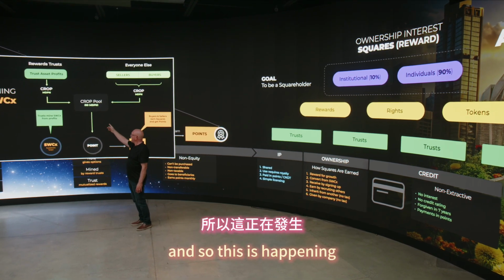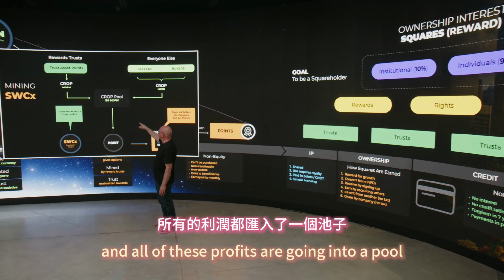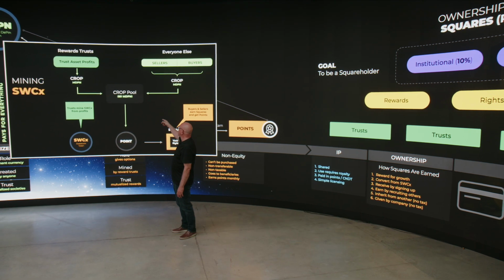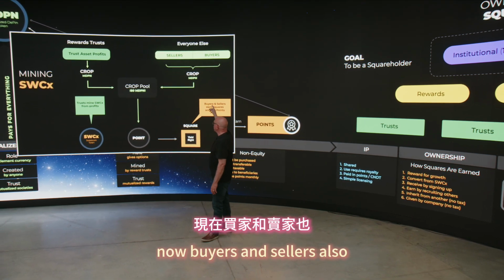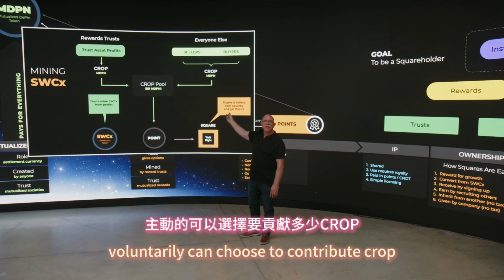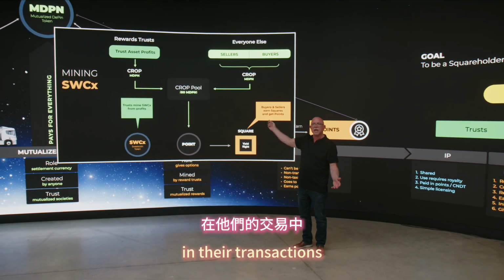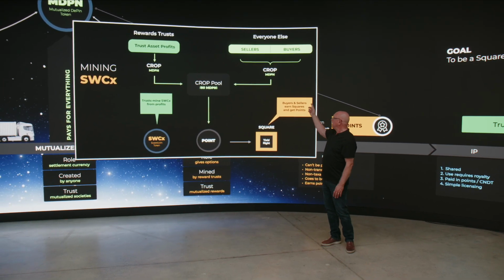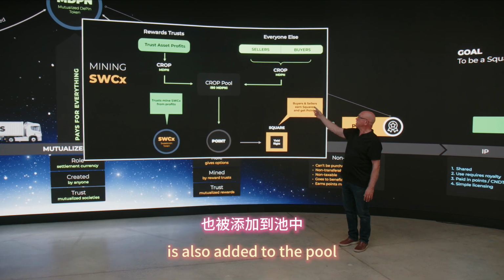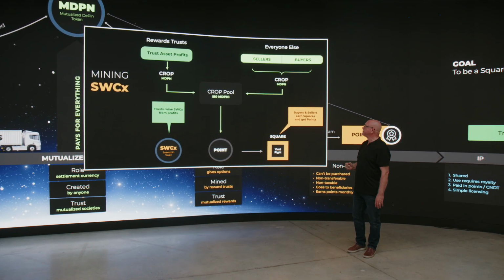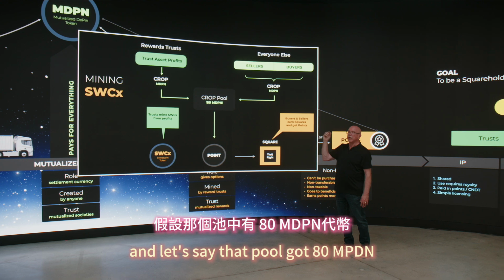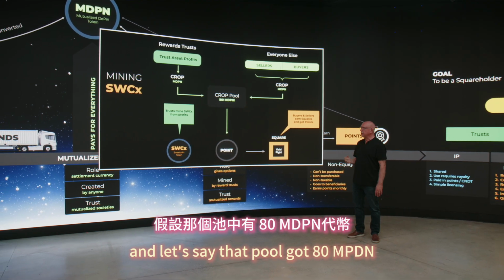And so this is happening, and all of these profits are going into a pool. Now, buyers and sellers also voluntarily can choose to contribute crop in their transactions. The amount that they contribute is also added to the pool. And let's say that pool got 80 MDPN tokens.